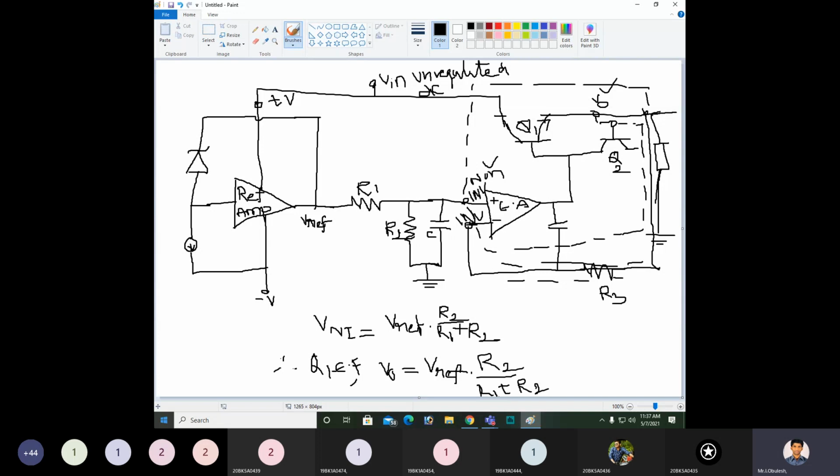So this reduces the voltage across Q1 and drives more current into the load.